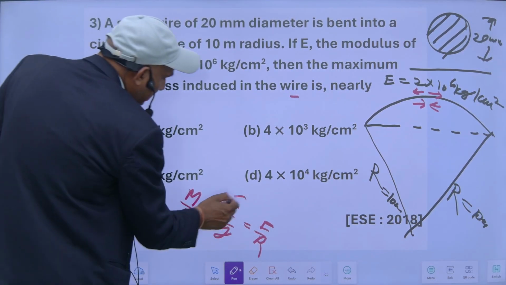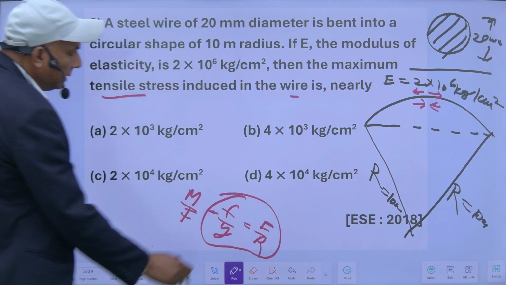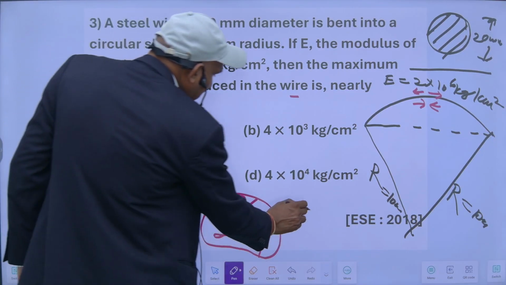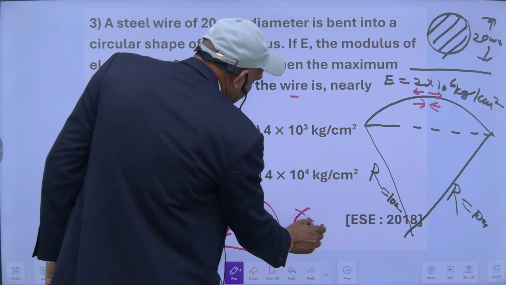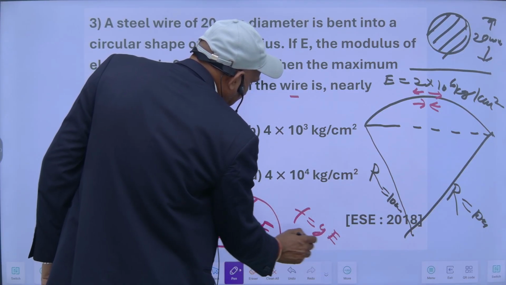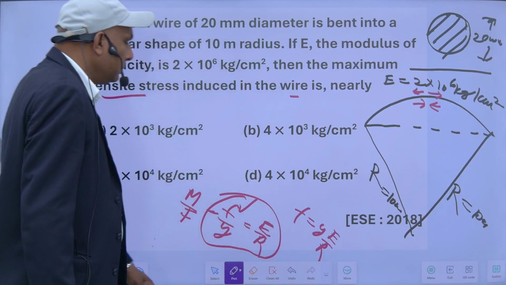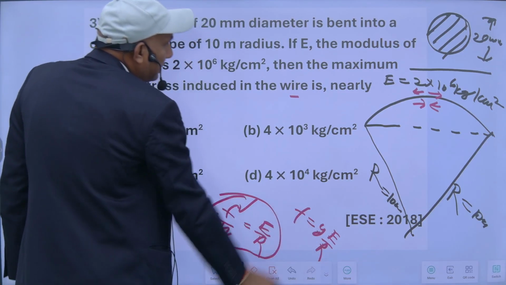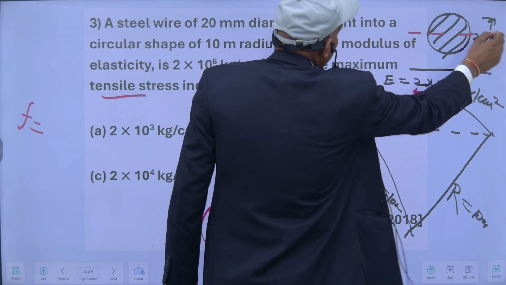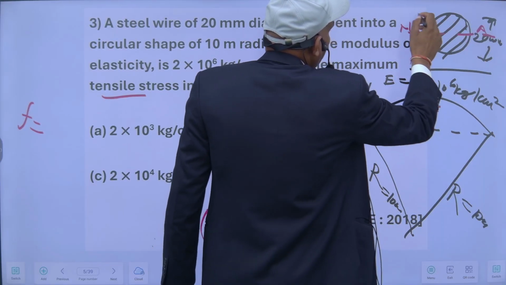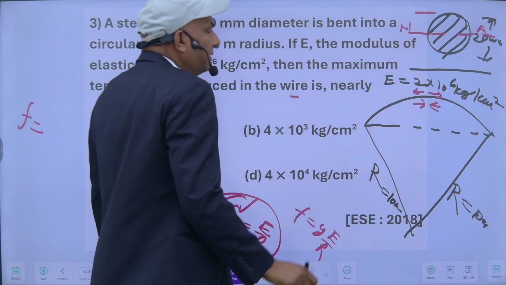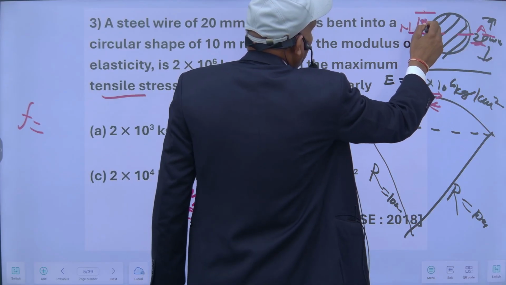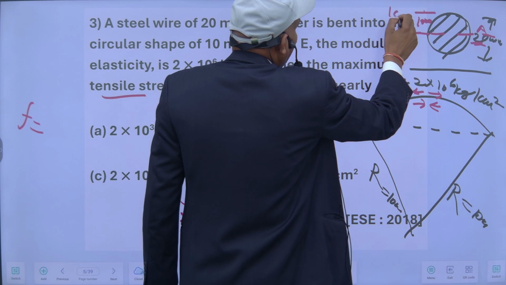So this F is required to be determined. F will be Y into E upon R. What is Y? Y is from the neutral axis. So the neutral axis will be this, and this will be my Y. The distance from the neutral axis to the top fiber will be half of this 20, so it will be 10 mm. 10 mm means 1 centimeter.